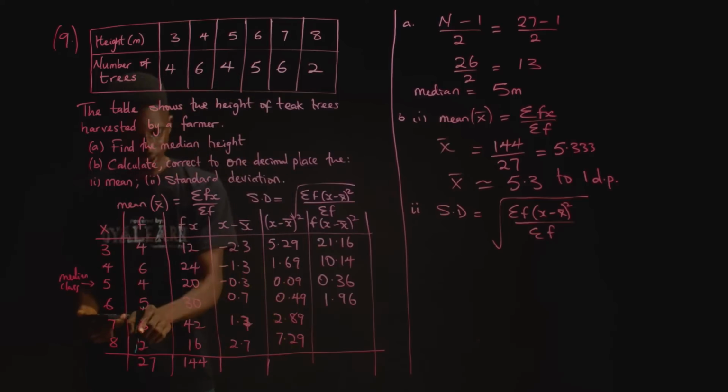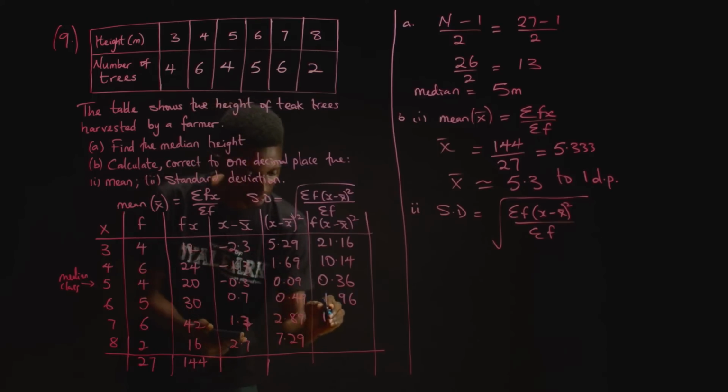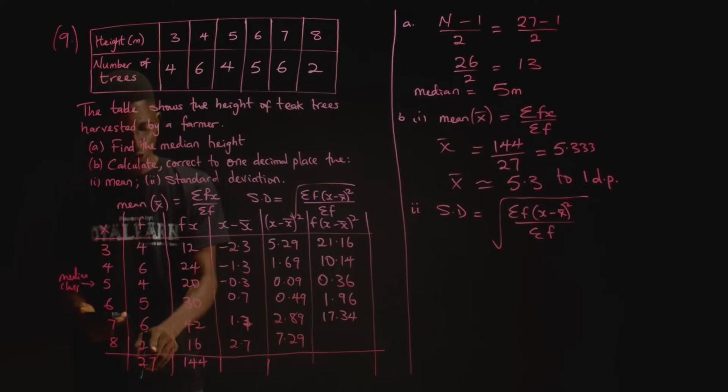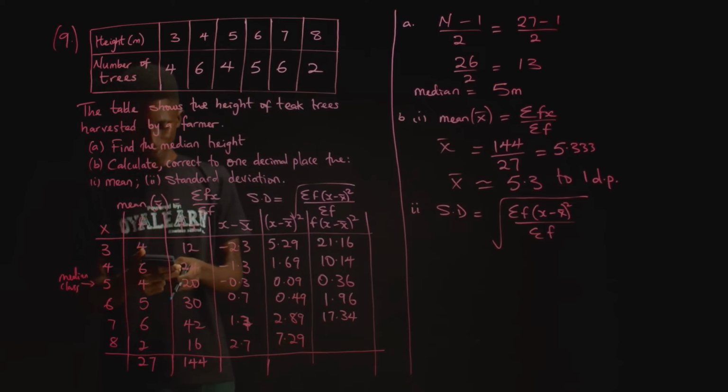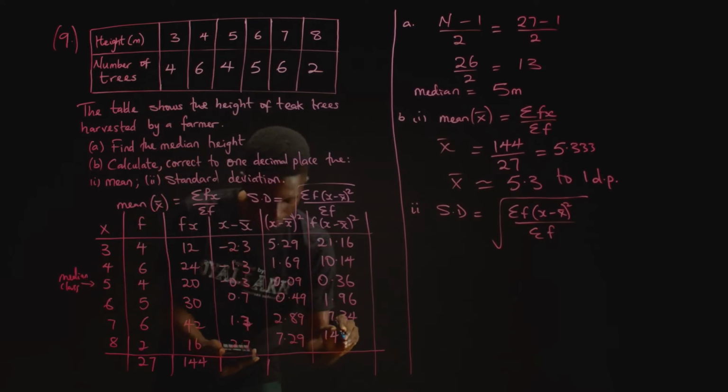Now 6 multiplied by 2.89. This is 17.34. And then 2 multiplied by 7.29, and this is 14.58.